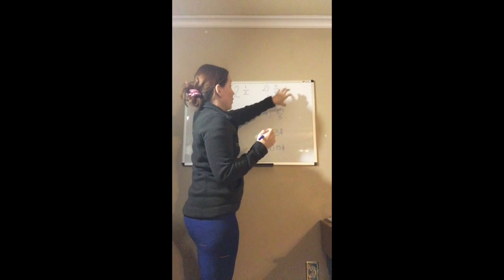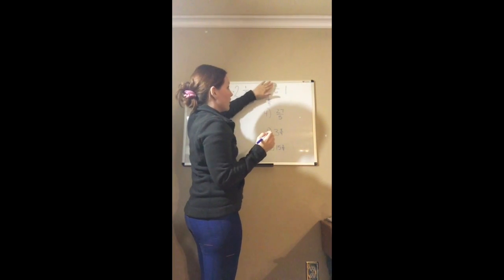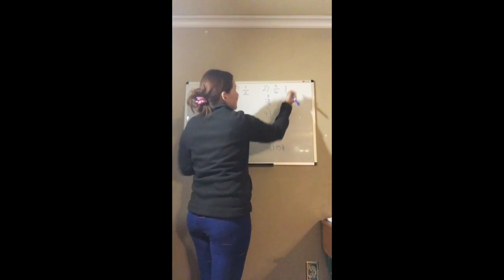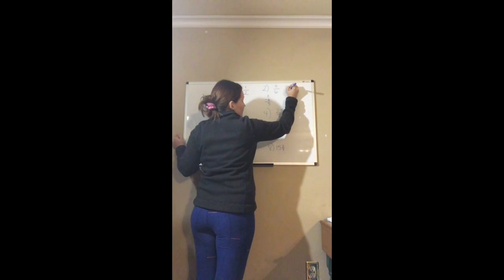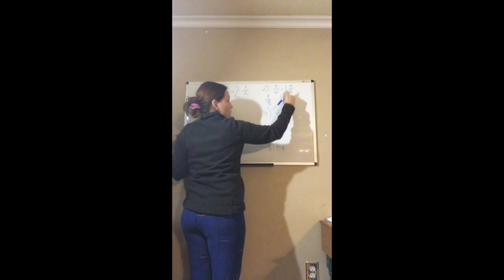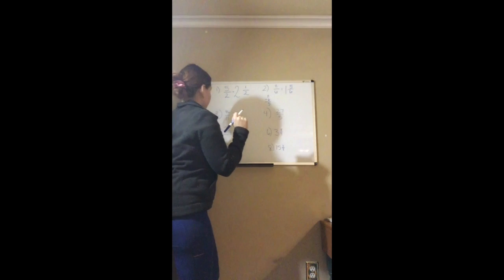So 6 of our numerator went into this whole number right here, and we have 5 left over. So 5 becomes our numerator, and we keep the same denominator. So 11 sixths is the same as 1 and 5 sixths.